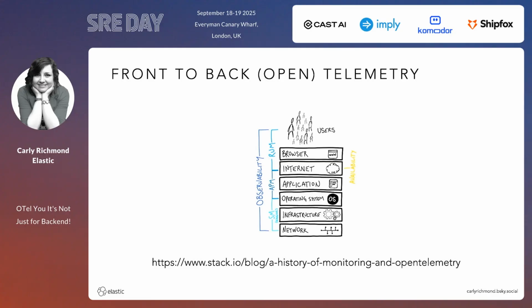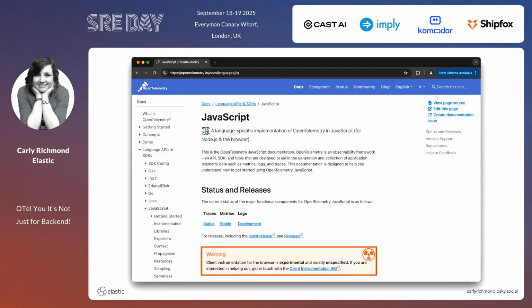And everyone's seen various different demonstrations and different technologies of how we can do either automatic or manual instrumentation of OpenTelemetry within backend services in Go or Java or whatever. But the thing is, the front end stuff's a bit behind the curve just because of this big warning here that says, warning, client instrumentation for the browser is experimental and mostly unspecified. So the stuff I'm going to show you is experimental.